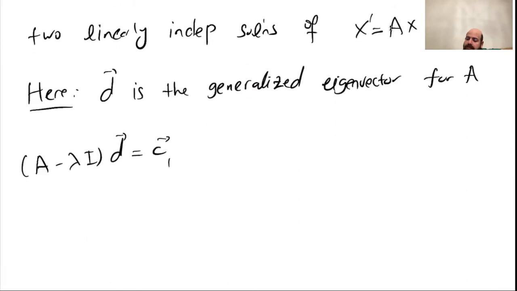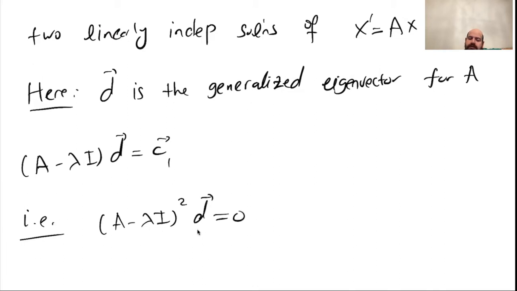And because C1 is an eigenvector, A minus lambda I times C1 is 0. So if I multiply both sides by A minus lambda I one more time, then I can say that A minus lambda I squared times d is 0.